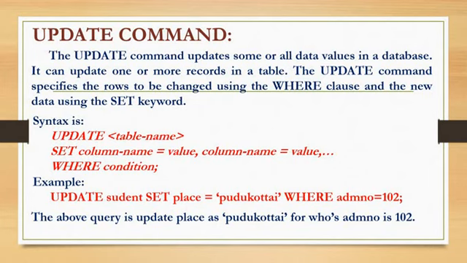See the syntax: update, table name, set. Here the set keyword is used to set the value for a specific column. For example, I am going to set a place for some other record, means I am going to set the value for 103, place is Pudukottai.